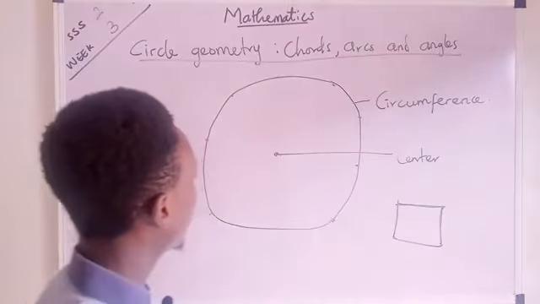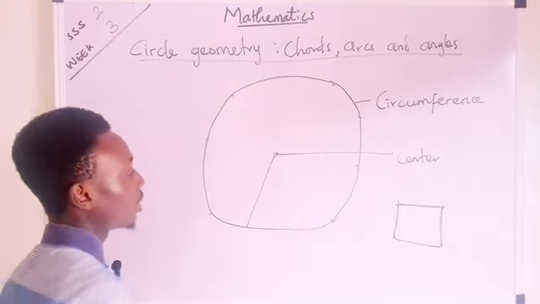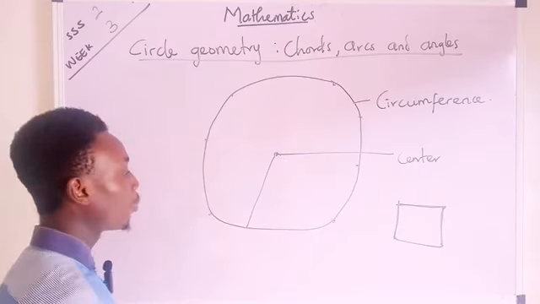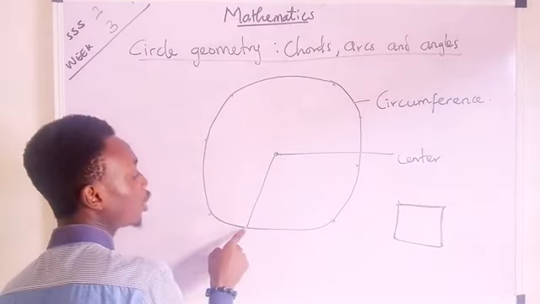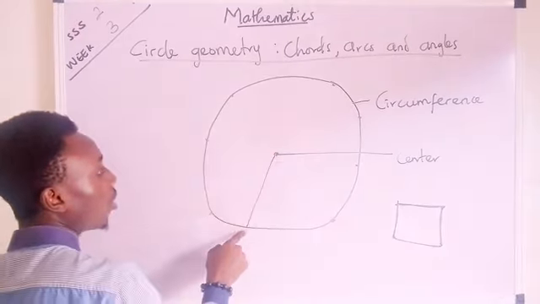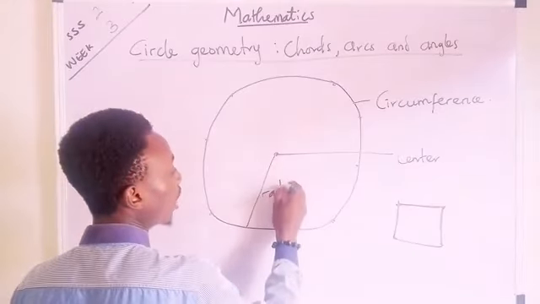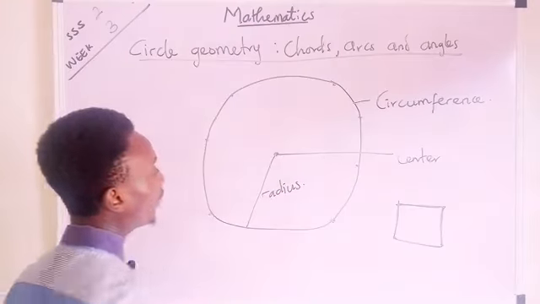Now, very quickly, any line that is drawn from the center of the circle and touches any point on the circumference is known as your what? Radius. I'm sure you know that, but like I said, we are revising.